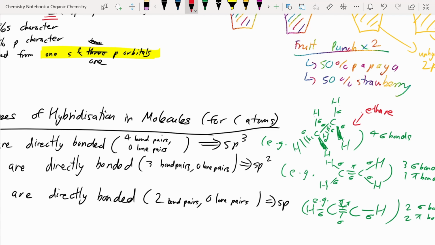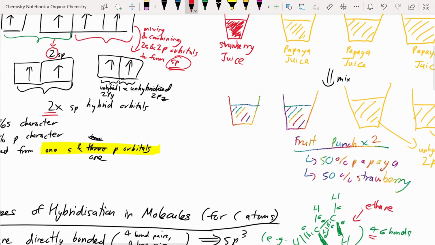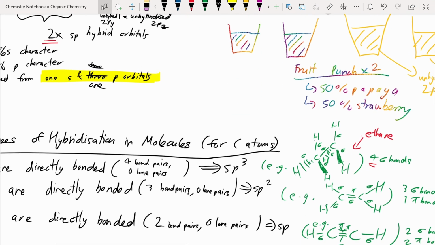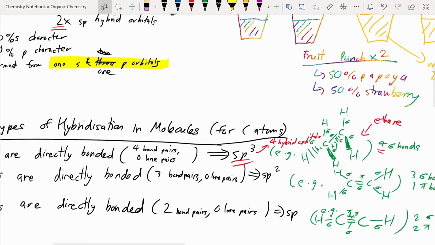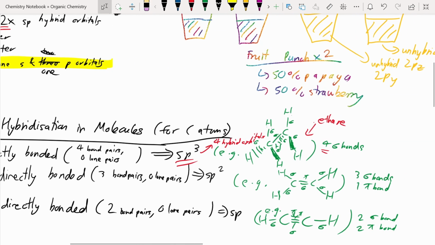If you need four sigma bonds, you need four hybrid orbitals. Four hybrid orbitals will always be sp3.